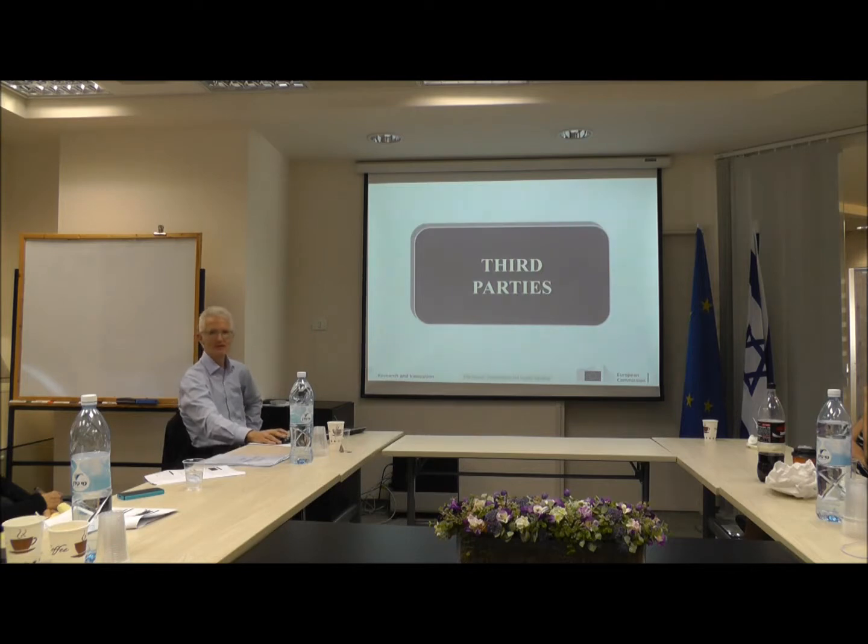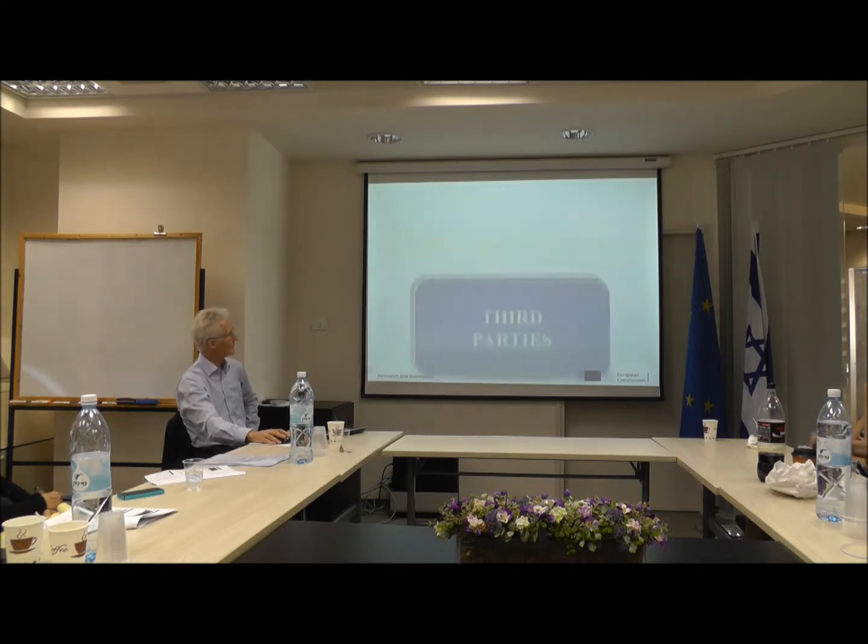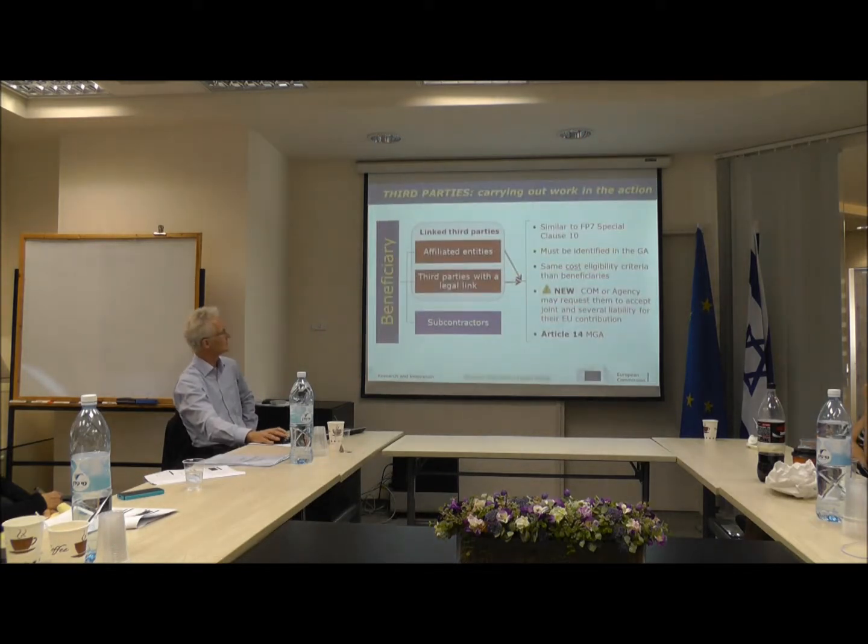So we don't only have beneficiaries, we also have so-called third parties. And I think, Marcel, what you want to refer to are the linked third parties. They can be affiliated entities or parties with a so-called legal link, where you have a legally valid document saying that you have a permanent link between two organizations.